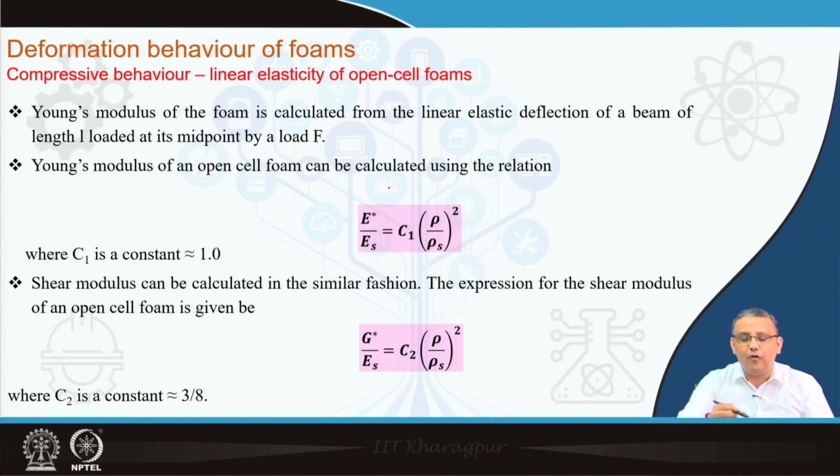And for open cell foams, a very simple relation has been proposed for the elastic modulus of open cell materials based on the relative density of the foams, and C1 is a constant which has a value close to unity.